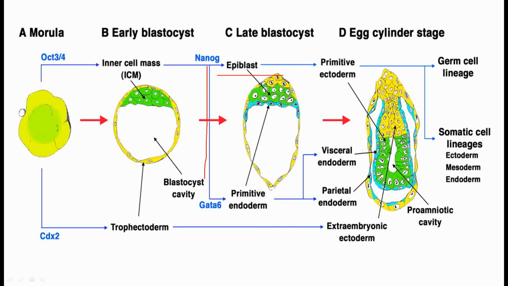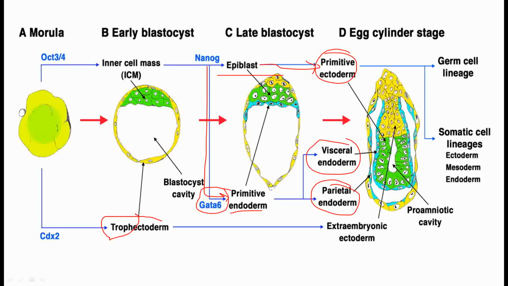And here another signaling pathway, that is GATA6, also occurs, and this forms primitive endoderm. This primitive endoderm further differentiates and forms visceral endoderm and parietal endoderm, while this epiblast undergoes differentiation and forms primitive ectoderm.